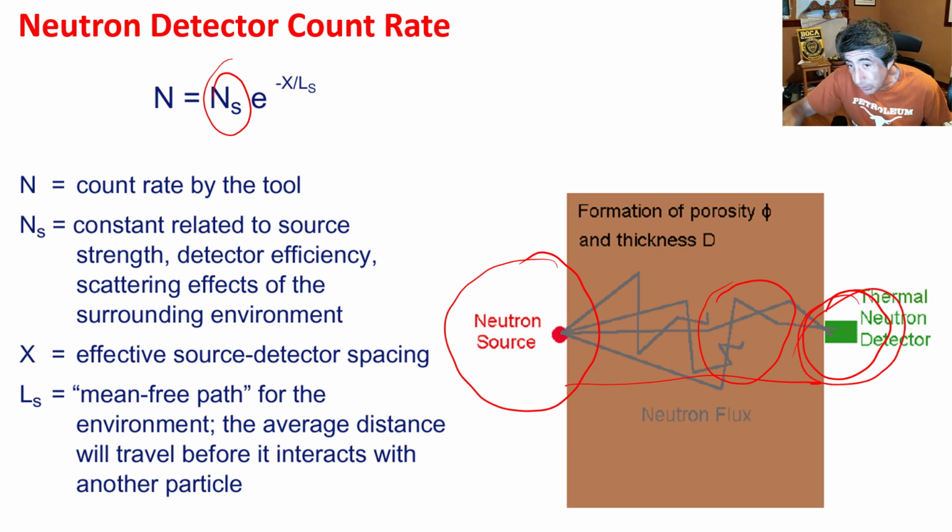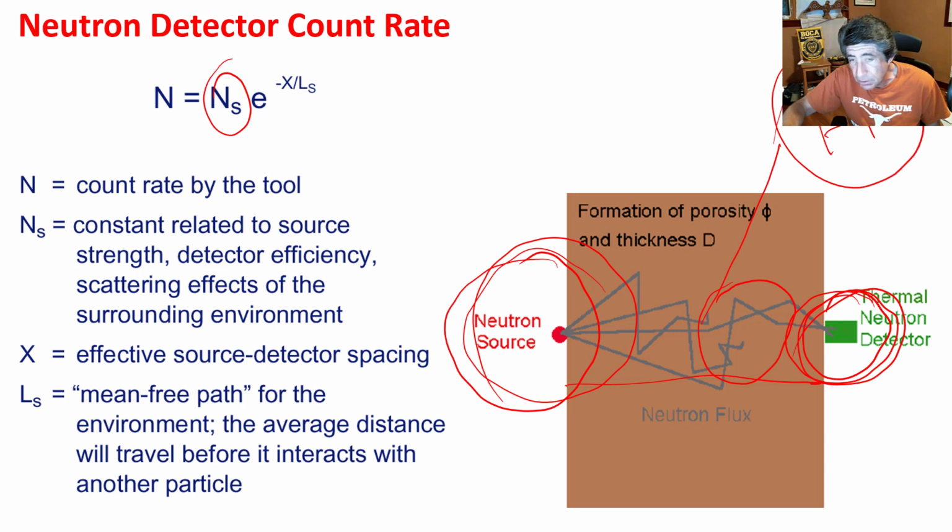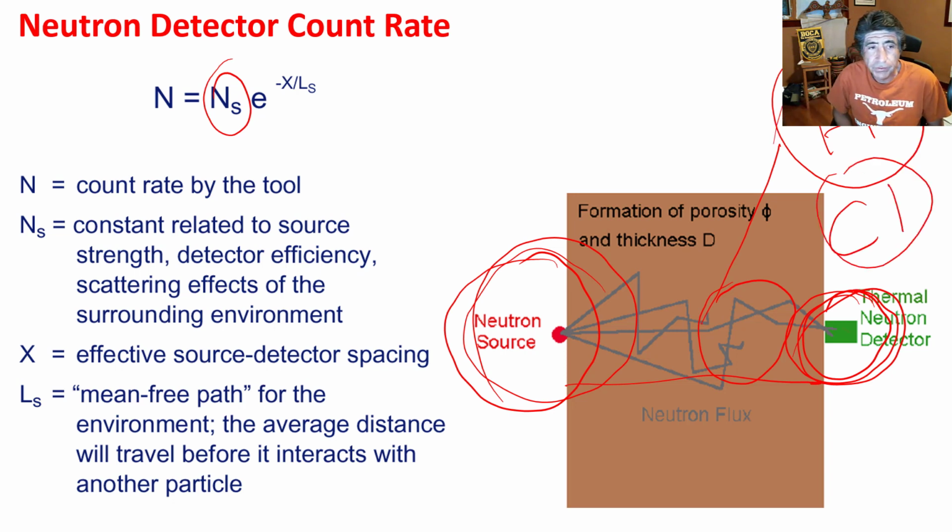So what we do, and this is the principle that we had with Bruno Pontecorvo, before he defected, and before he went to the Manhattan Project, is that we know that if we can control or infer the number of neutrons that go here, and we count how many make it to the sensor, then that can give us an idea of the hydrogen index of this formation, or even presence of chlorine, for instance, absorbers.